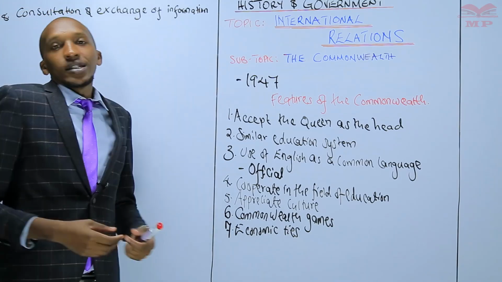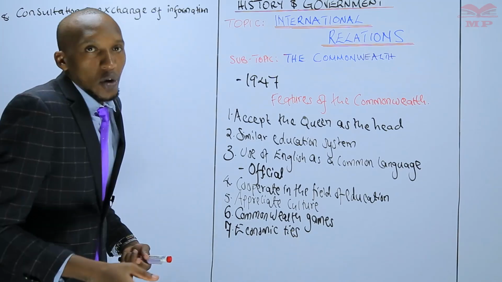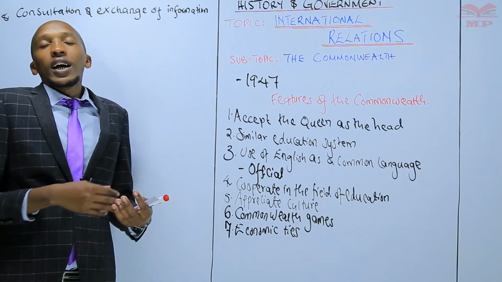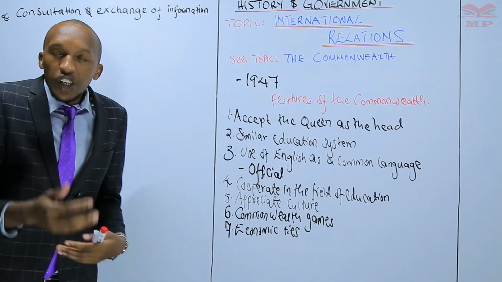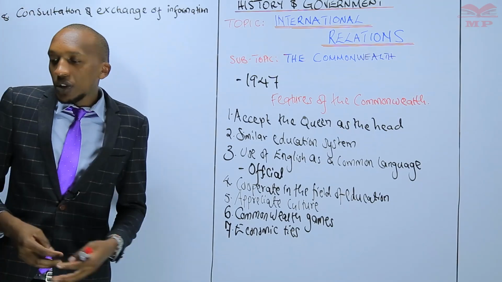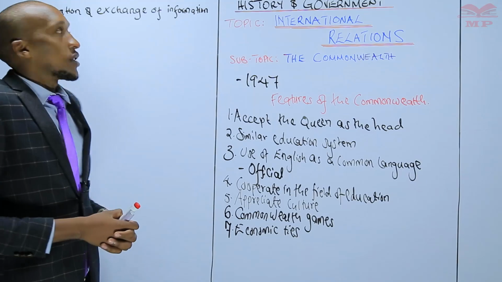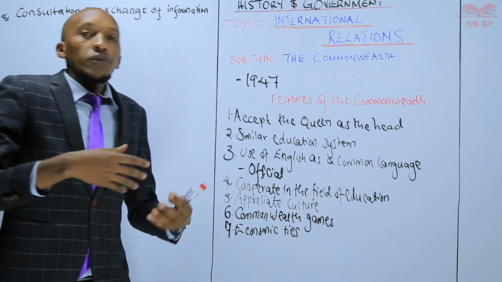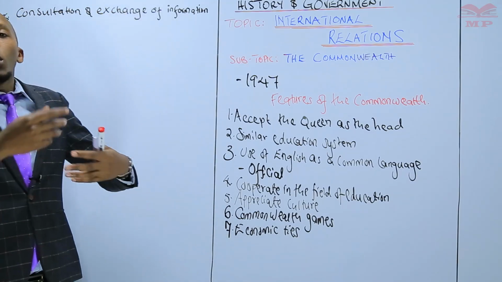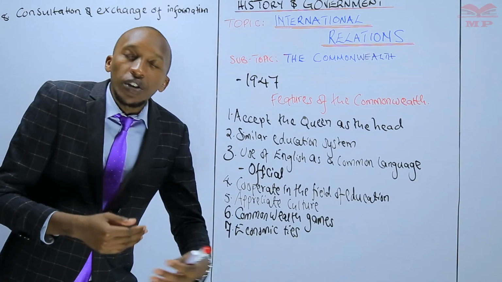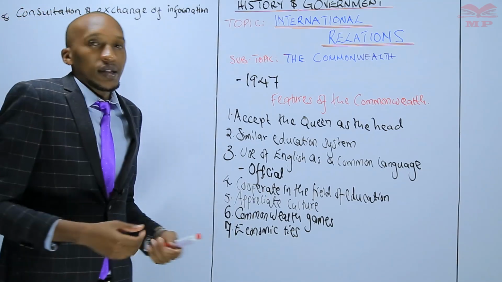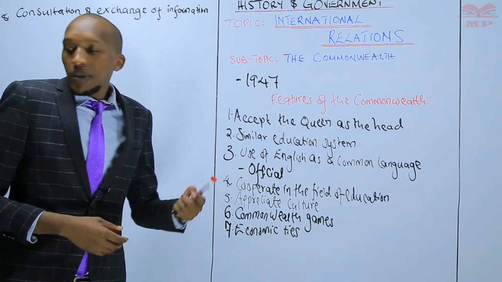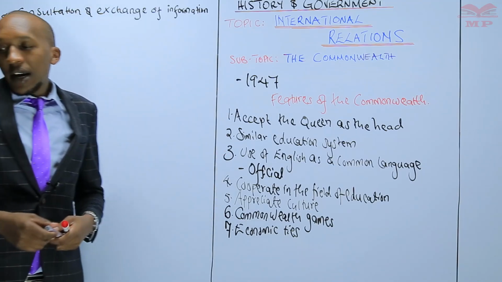They consult whenever there is a problem or a challenge that is facing all the nations. They come together and exchange ideas. How best are we going to solve these problems? So they also solve these problems. They exchange information to help them adjust better and to help them have better lives.